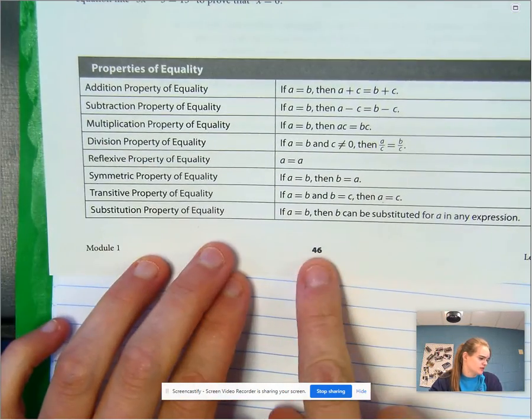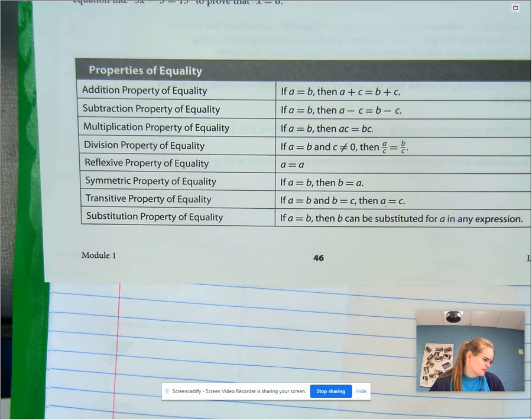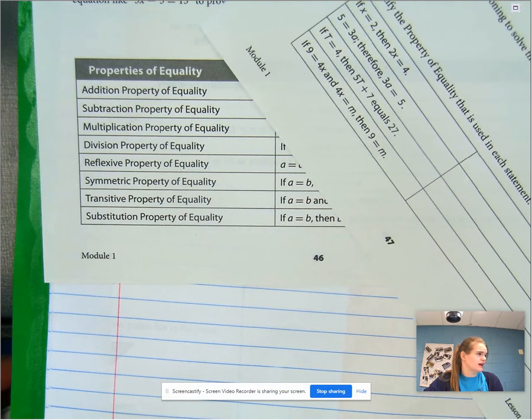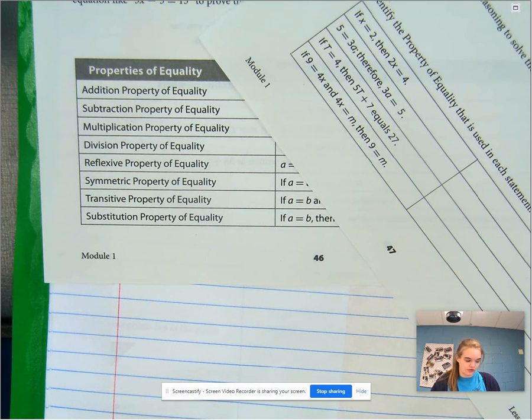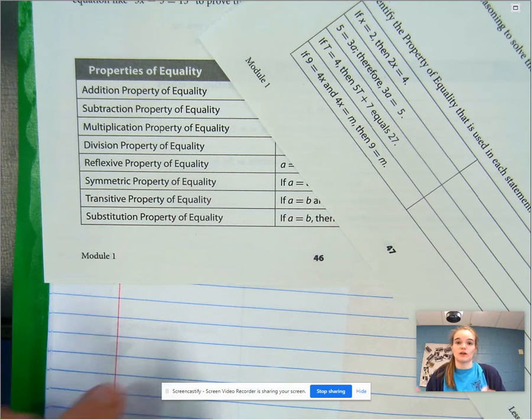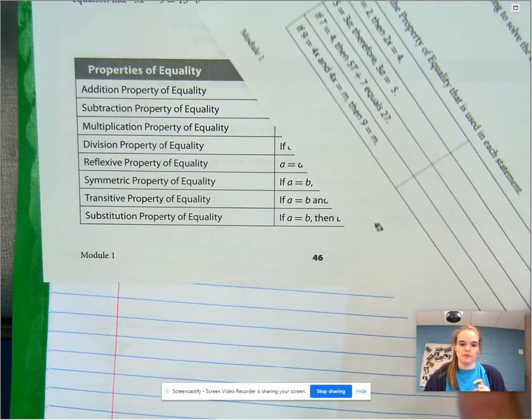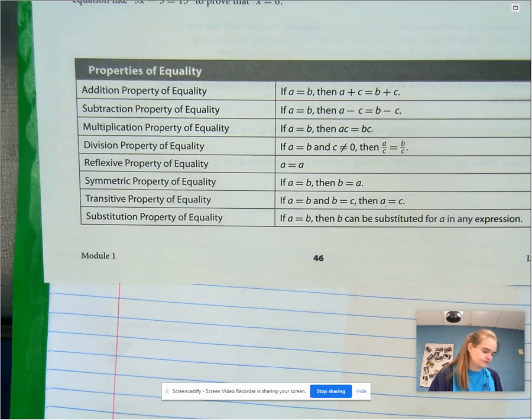Page 46. And page 47. Yes, your page 47 has a big hole in it from the other day. That's okay. So 46 and 47. Have those torn out so that we can cut things out. Got it? 46, 47.